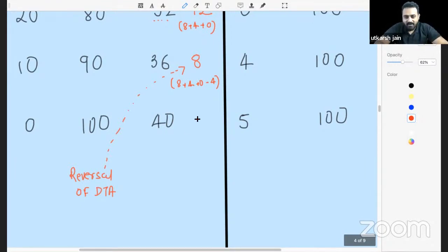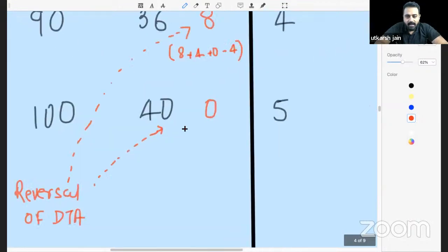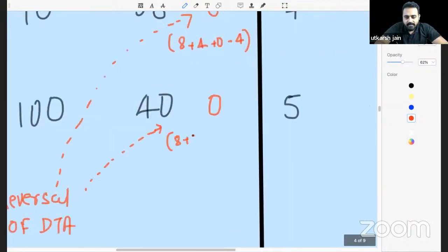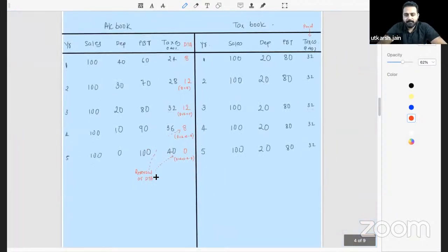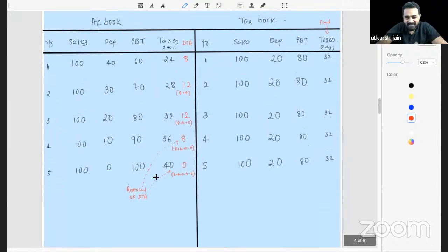My deferred tax asset now becomes 0. This is again a reversal, right? What reversal did happen? So we had 8 in the first year, 4 in the second year, 0 in the third year, minus 4 in the fourth year, and finally minus 8 in the fifth year. So this is how the deferred tax accounting kind of works. Hisab barabar, accounts tallied.